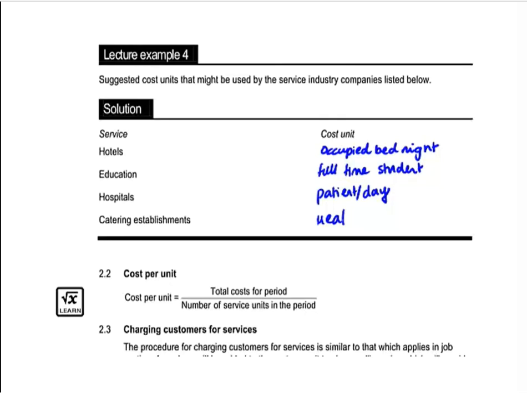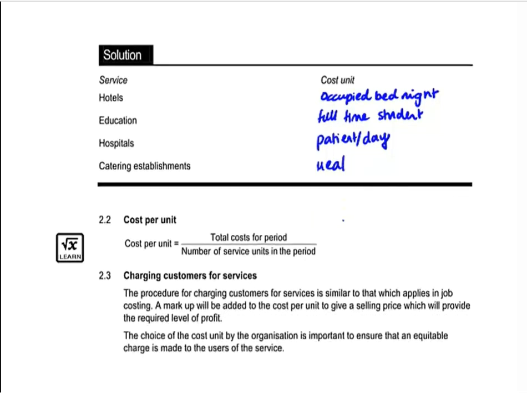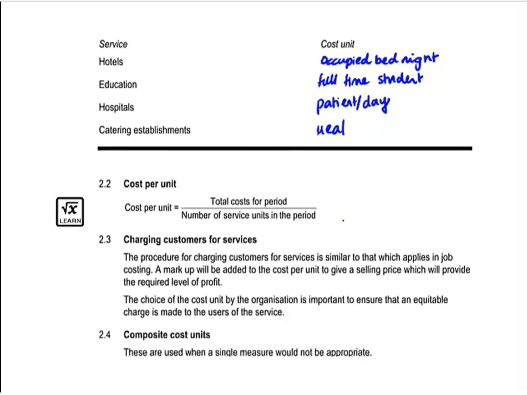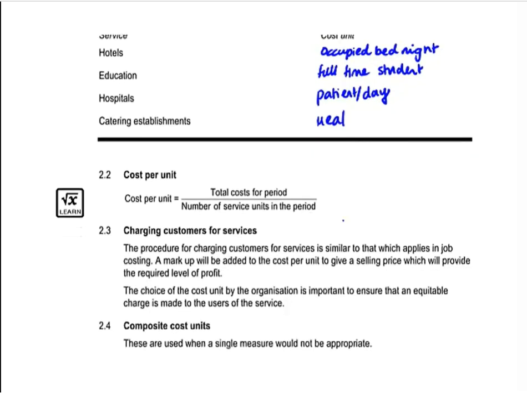Once we've identified what our cost unit is, we can work out the cost per unit. And you need to learn the formula for this. It's quite straightforward. It's the total costs in the period divided by the number of service units. So for example, the total cost of running the hotel divided by the number of occupied bed nights.